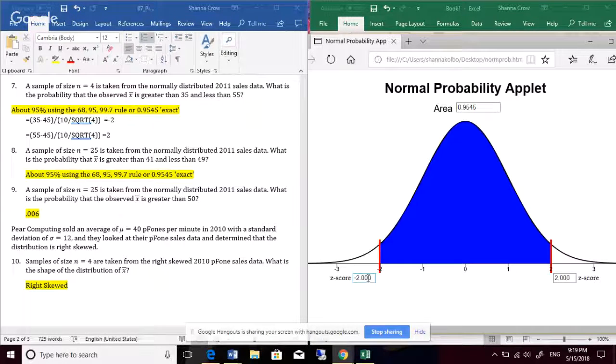And when you put in -2 and +2, and you want to know the probability in between those 2 numbers, you should get 0.95. Oh, so I blew the middle. Right, yeah. Okay.